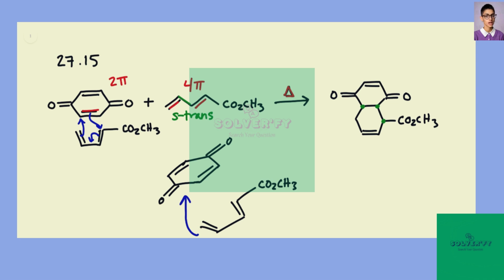And now let's draw the p orbitals on this diagram. Here are the p orbitals for the dienophile and the p orbitals on the diene. A thermal cycloaddition happens between the ground state HOMO of one of the reactants and the ground state LUMO of the other reactant. Let's draw in the ground state LUMO orbitals of the dienophile.